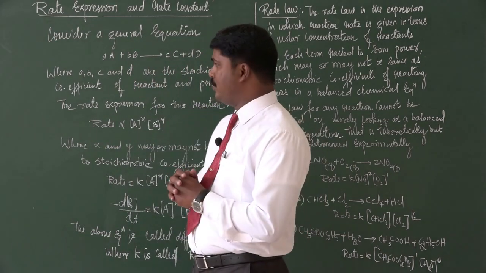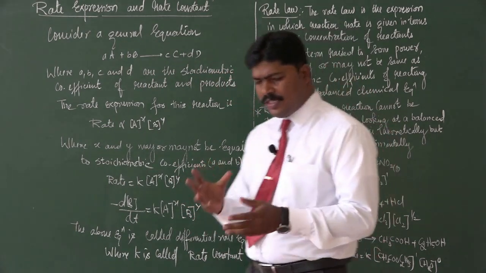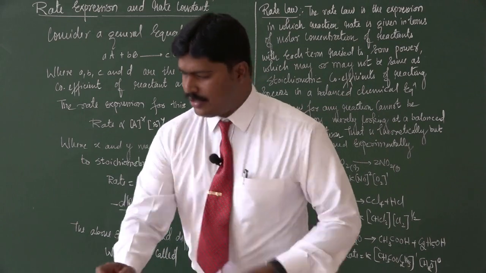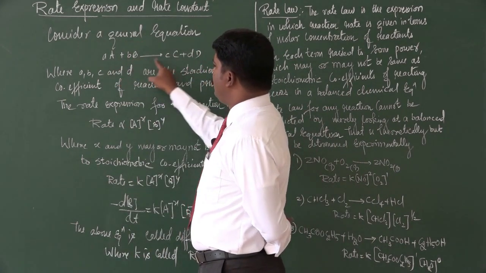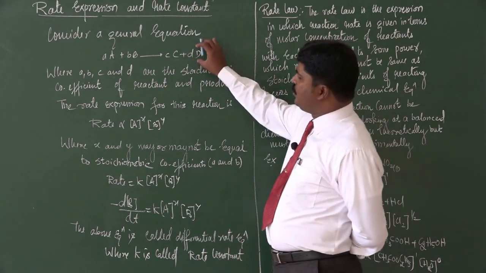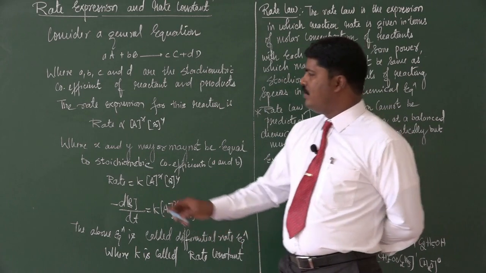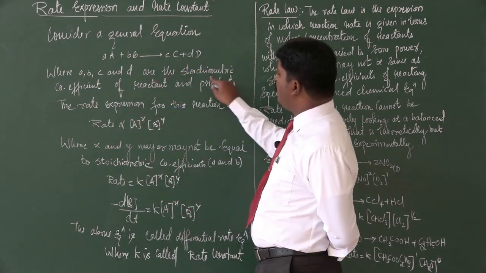Coming to today's session, the rate expression and rate constant. Let us consider a reaction. If I write a general equation, aA plus bB gives cC plus dD. When I come across this equation, a, b, c and d are the stoichiometric coefficients.